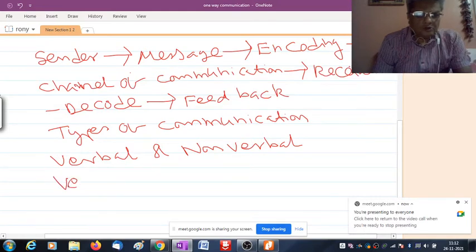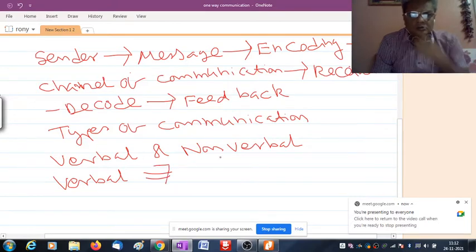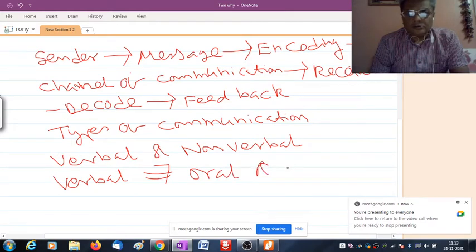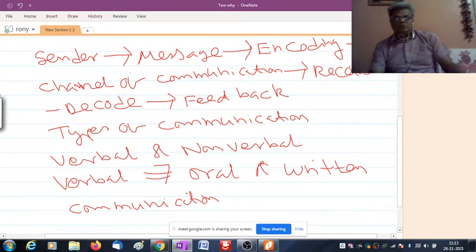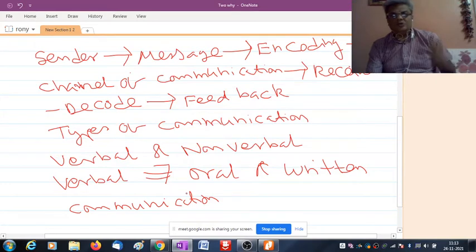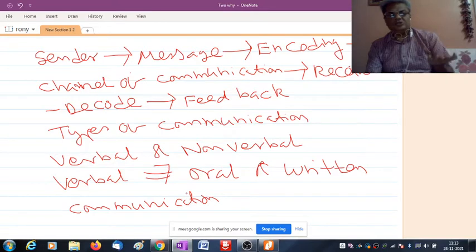Now, verbal means oral and written communication. Verbal means oral as well as written. Oral means what we are saying, and if it is in written form, then it is written communication.